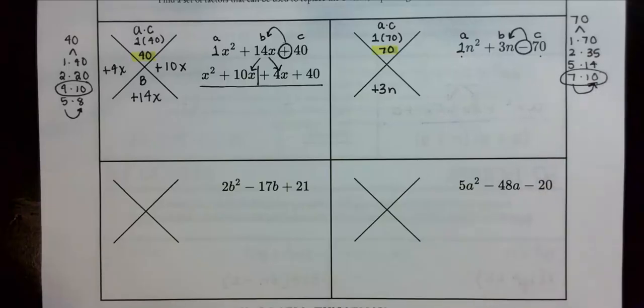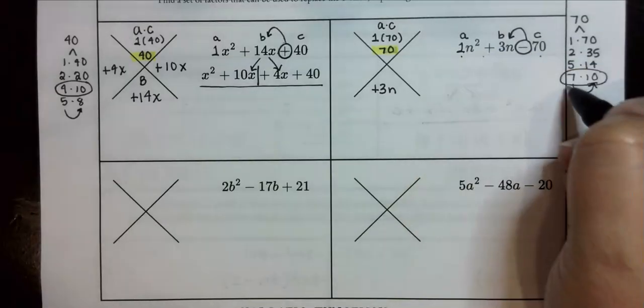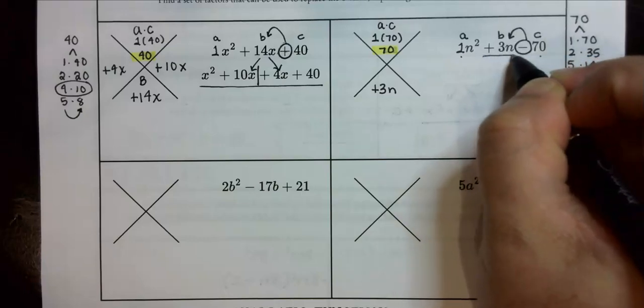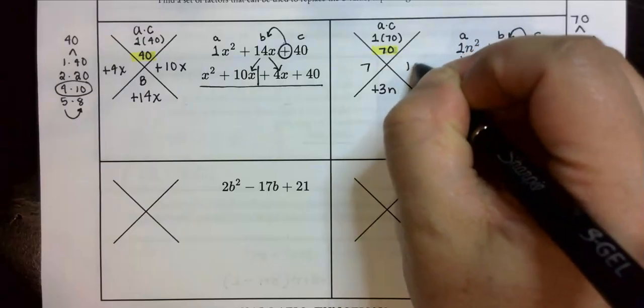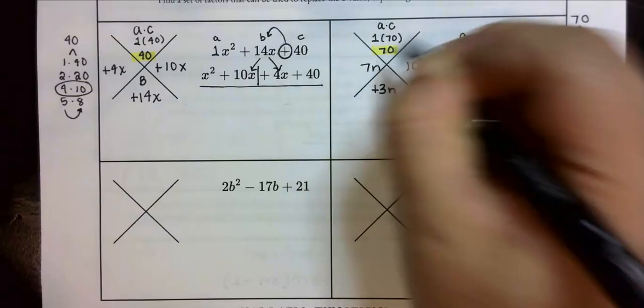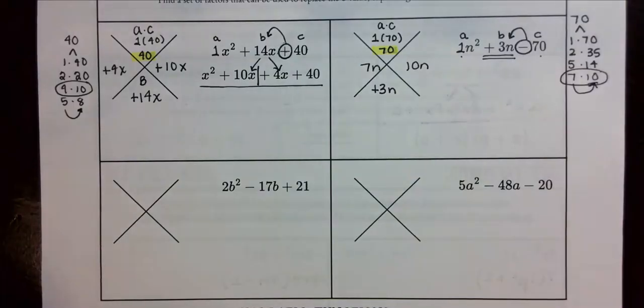Now remember, when I subtract, one of these numbers needs to be a positive, the other one needs to be a negative. So if you get confused on which one should get which, remember, I need to pick my signs so I get a positive 3. So I know I'm using 7. I know I'm using 10. And they both have to have n.